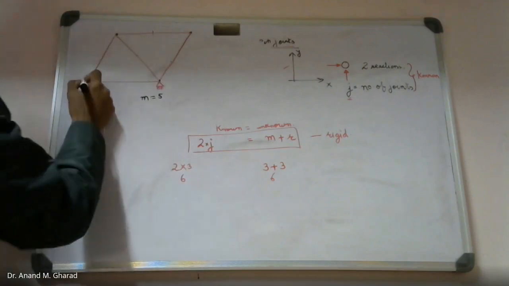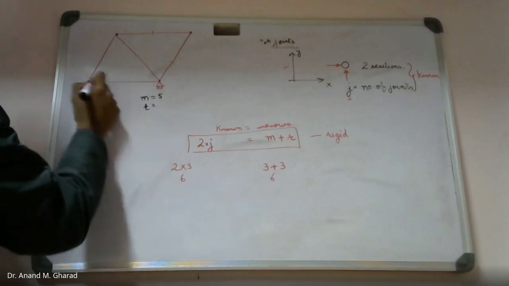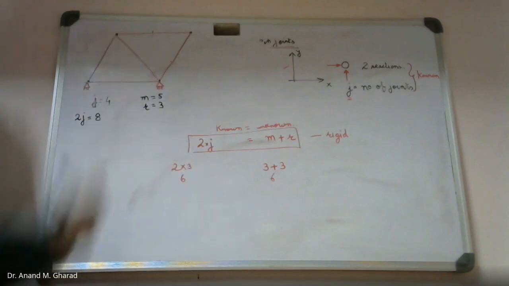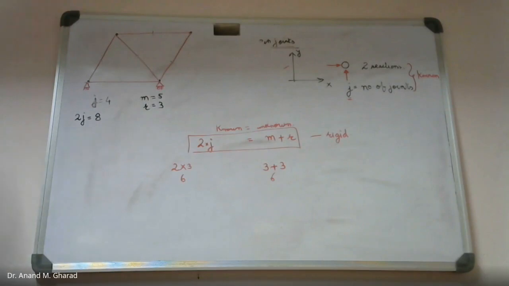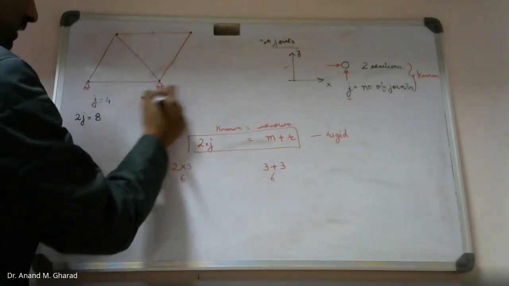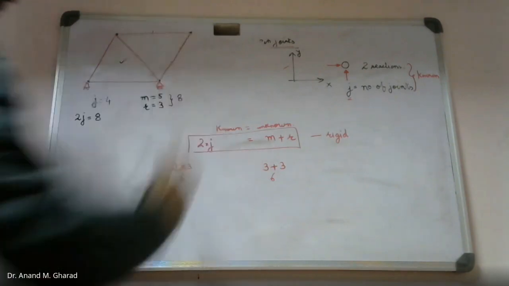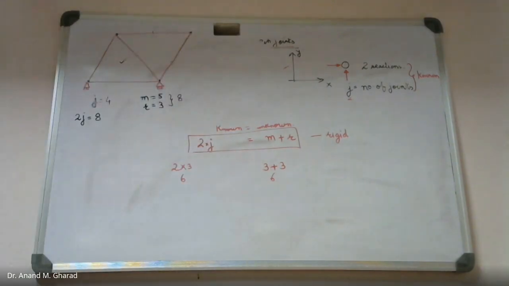Correct? How many reactions do you observe over here? Again, 3. So m plus r, how much does it come out to be? 8. So this again can be considered to be a determinate kind of truss. Have you understood this?